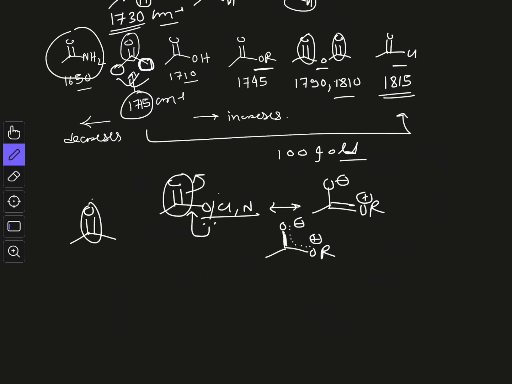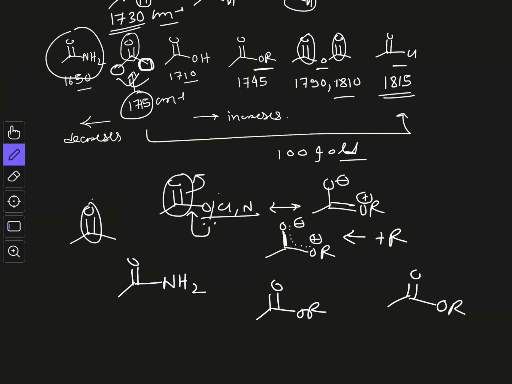Now for amide, we have seen that indeed we get a lower stretching frequency than the ketone, but for ester it is the other way, that is, for ester we get a higher stretching frequency. Now what is the reason? Besides the plus R effect of the O group, that is the oxygen group or nitrogen group, oxygen shows another effect, and that is the minus I effect.